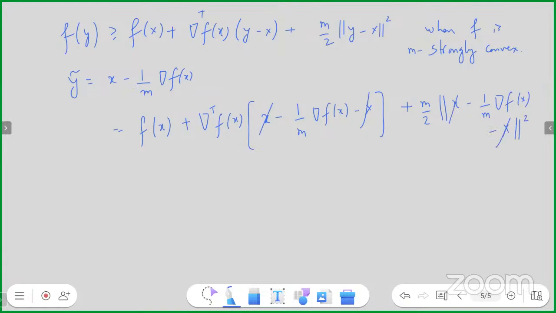This will also cancel. You get a half here. But this is a square. This is a minus. So what do you end up getting? Equal to f of x minus 1 half 1 by m times del f x whole square. But you didn't see this coming.